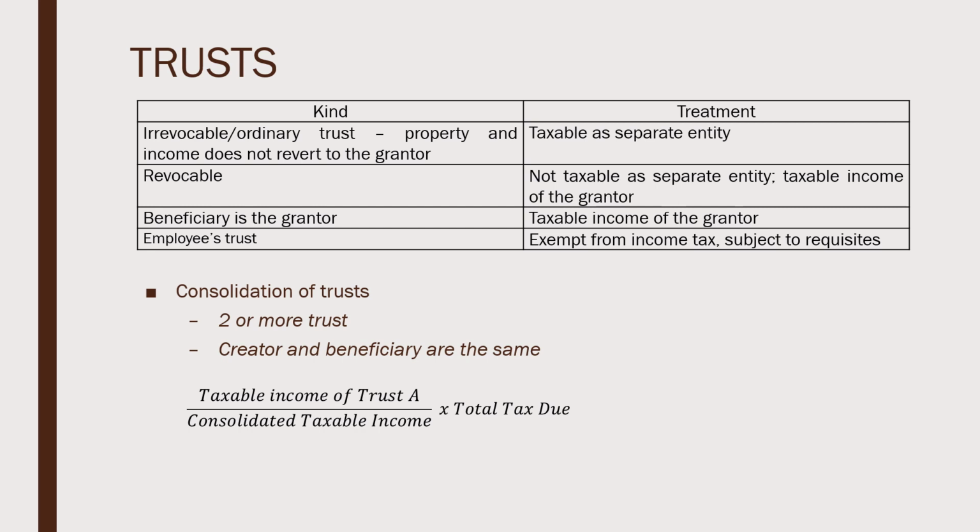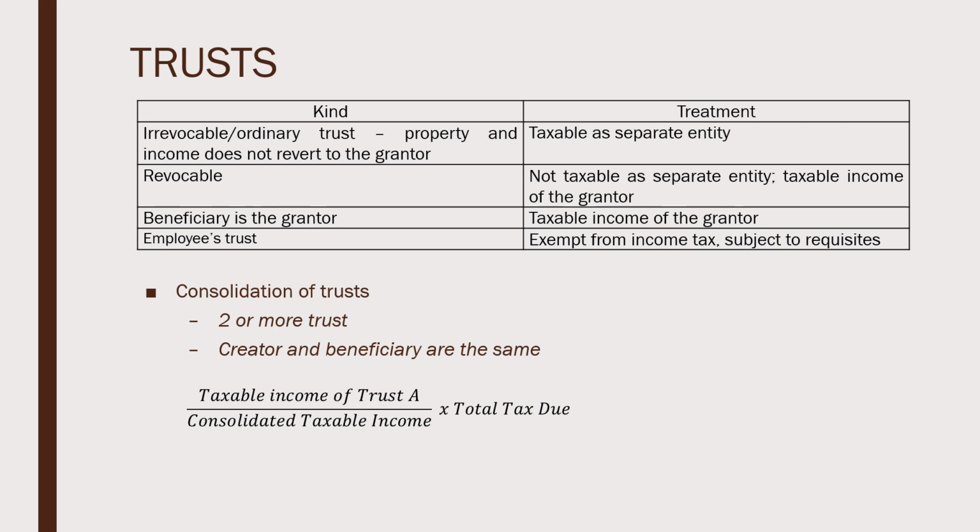Revocable trusts are not taxable as a separate entity and will form part of the taxable income of the grantor. Number three is where the beneficiary is the grantor. So, like the second one, this will form part of the taxable income of the grantor. And lastly, employees' trusts. These are exempt from income tax but subject to certain requisites.